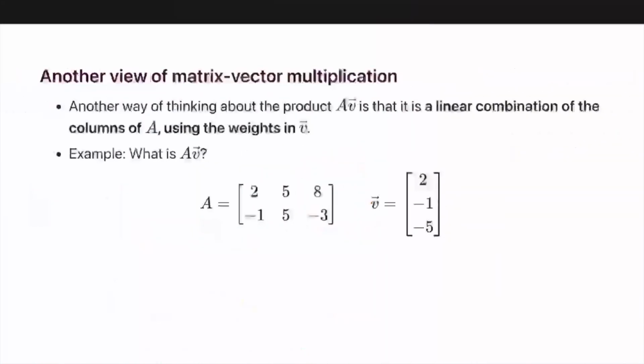So if we think about it that way, then here we have 2, 1, 2, -1, and maybe just to make it easier to see, I'll do a different color. We have 5, 5, and then we have 8 and -8 and -3.